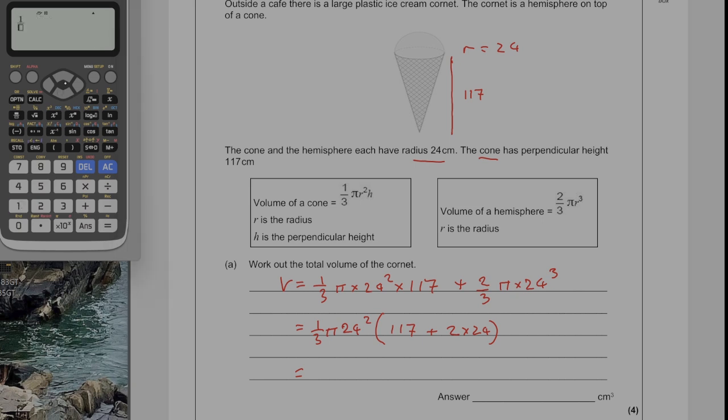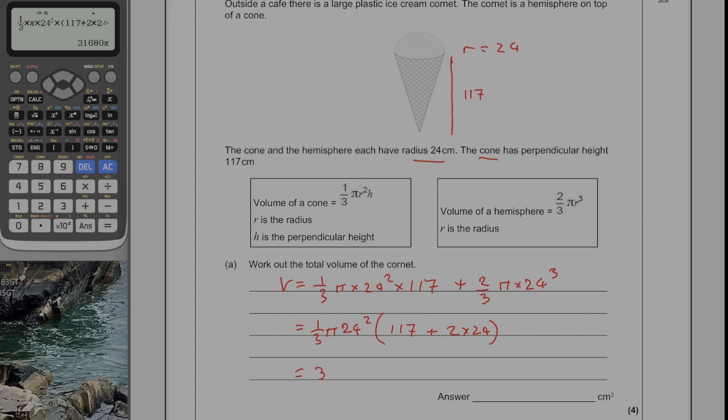So we've got 1/3 times pi times 24 squared times 117 plus 2 times 24. So that's going to be absolutely fine as my answer, I'm sure.